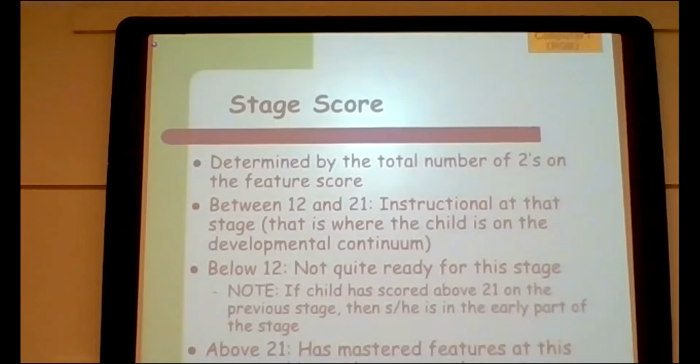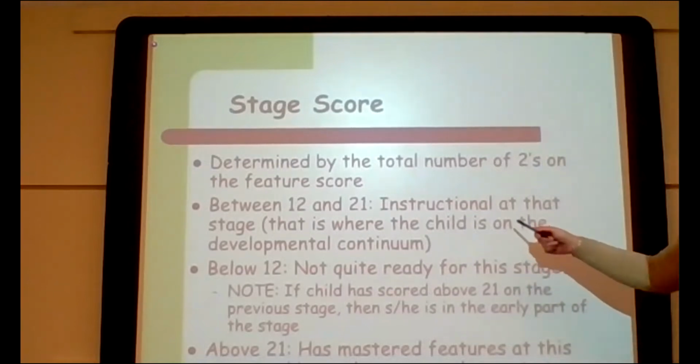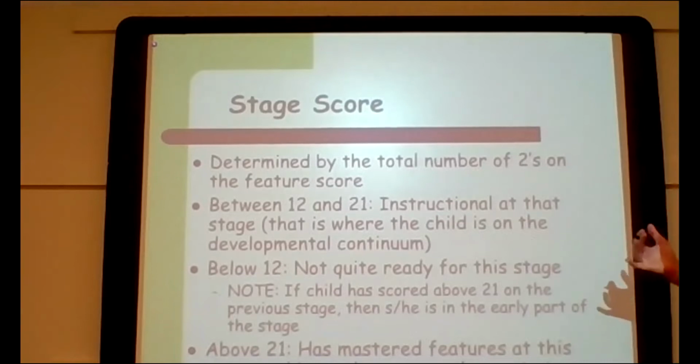Okay, so if their score is between a 12 and a 21, we consider them to be solid in that stage. And you don't need to go up or down to give them a different stage assessment. Okay, so in this case, if he had gotten a 22 to 25 on the letter name, we would go up and give him the within word pattern.